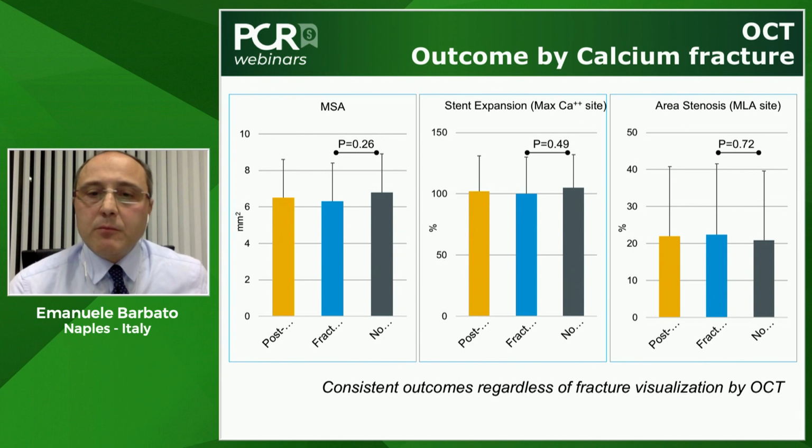So, Michael and Benjamin, we had a nice overview. I think we can take the slide out. We had a nice overview of the data coming from DISRUPT CAD III. We discussed safety, efficacy, and the mechanism at large. But there are several concerns raised by colleagues in the community.